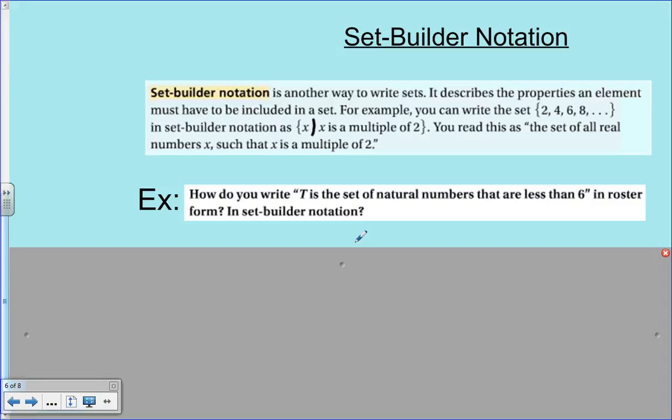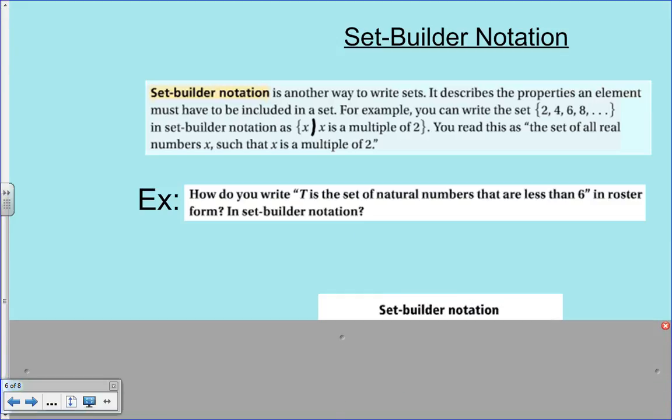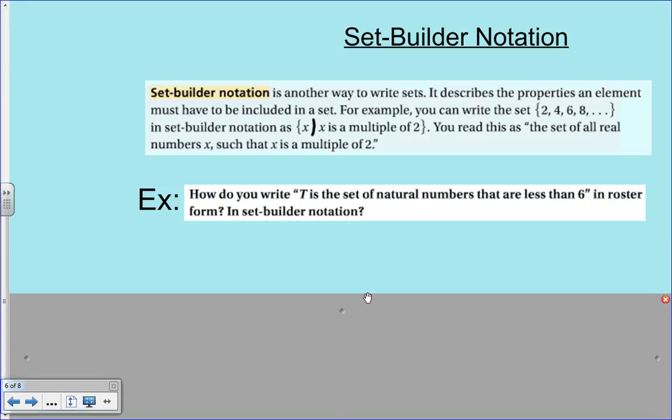We're going to do one example here. How do you write that T is the set of natural numbers that are less than 6? So we're going to use these funky brackets, and we're using T as the set. So T is this set. Let's use x as our variable, such that x is a natural number. So we'll say x is natural.